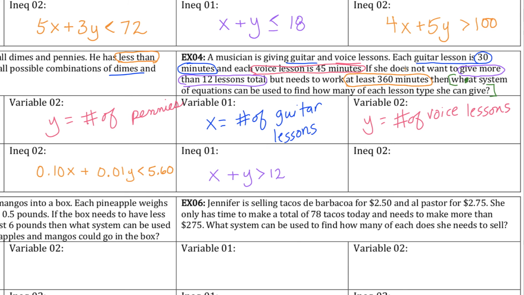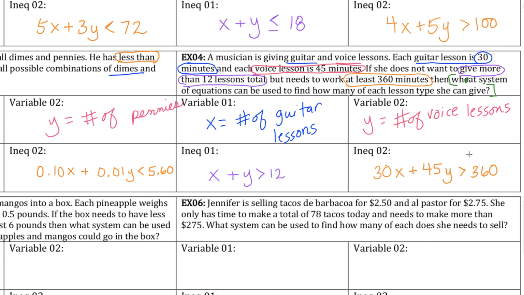We know that the guitar lesson is 30 minutes, so 30 minutes times the number of guitar lessons, plus 45 minutes times the number of voice lessons, which is Y, should be at least 360 minutes.